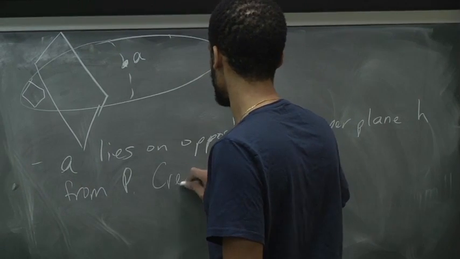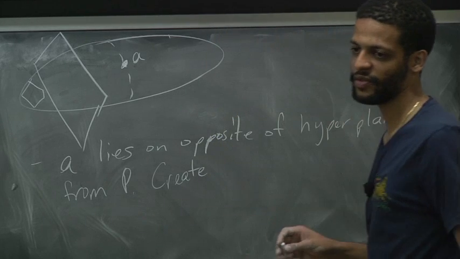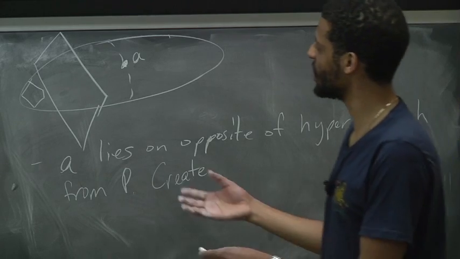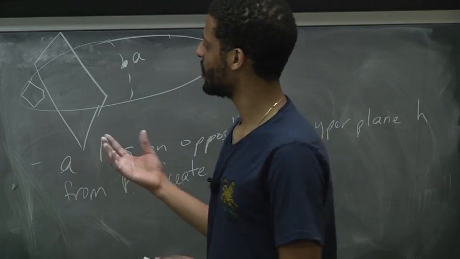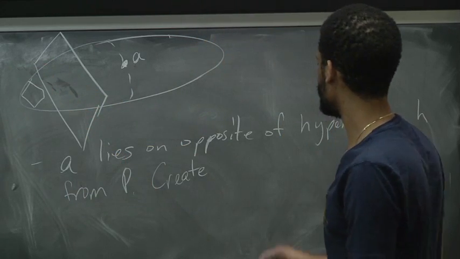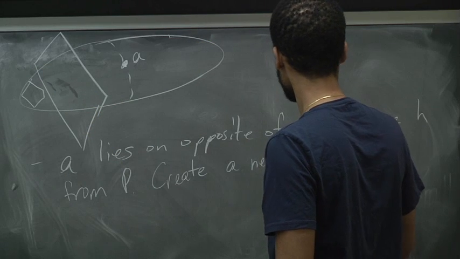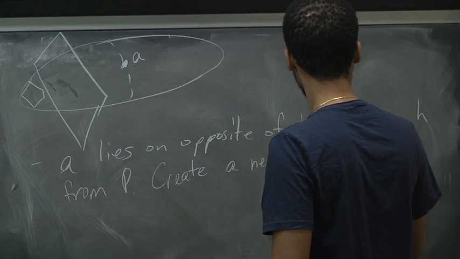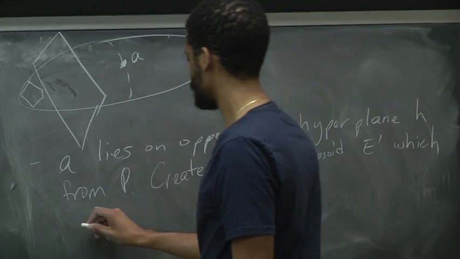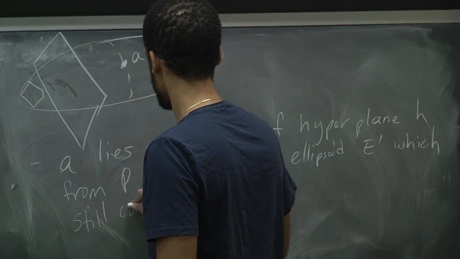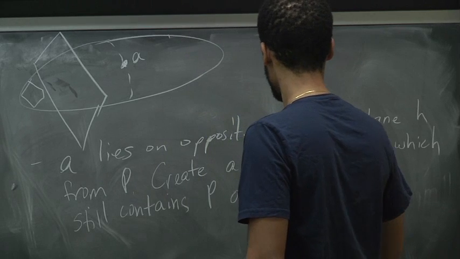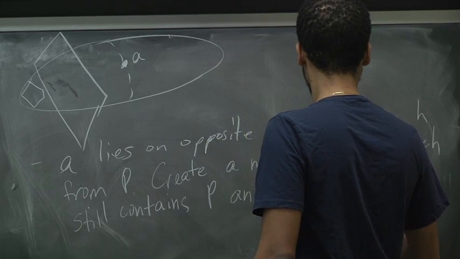So you create a new ellipsoid, and there's a closed form formula for how you get the new one. If you're given H and the old ellipsoid, what do you want? You want a new ellipsoid, which is smaller, which is guaranteed to contain just the other side of that hyperplane. Create a new ellipsoid E prime, which still contains P and has smaller volume.